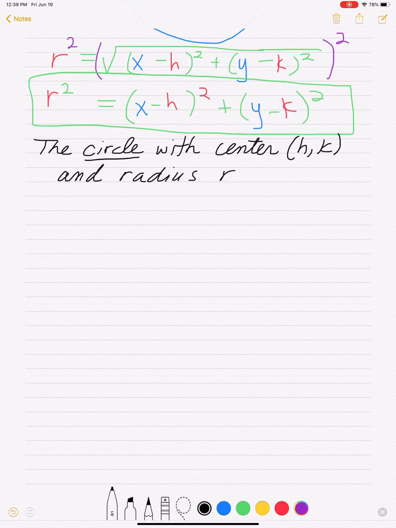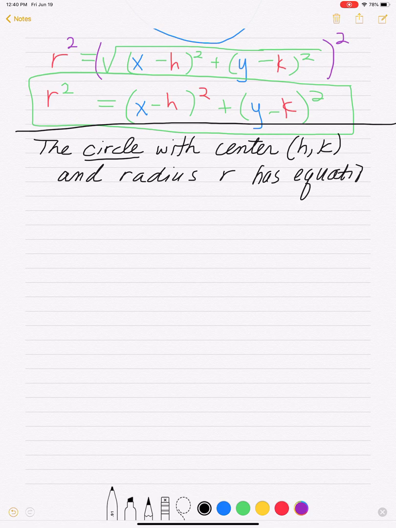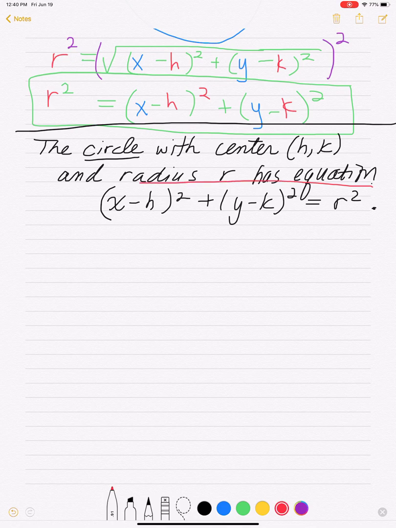The circle with center HK and radius R has equation. We'll write it like this: x minus h quantity squared plus y minus k quantity squared. And we'll put the r squared on the right-hand side, r squared. Okay, so here's the equation of a circle. You want to remember this special equation here.